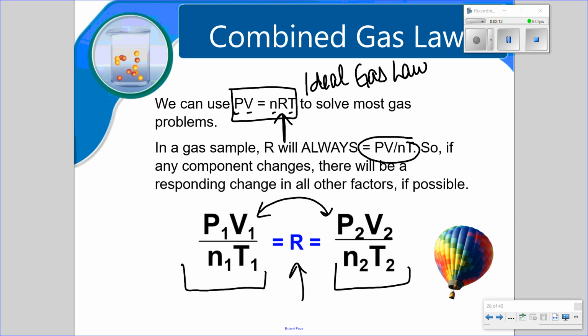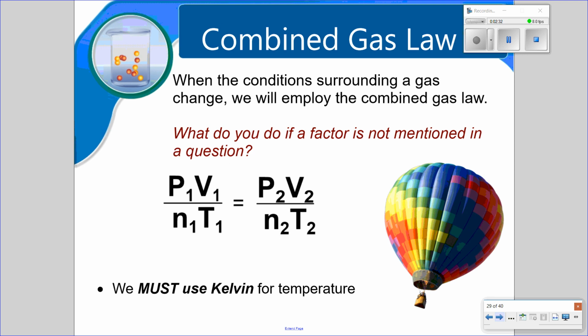It's important to note that typically when we use the combined gas law, we are not going to use n1. Normally that's going to be more or less non-existent because we're using the same amount of gas. We're simply going to be changing the pressure, the volume, and the temperature. So what do you do if a factor is not mentioned in a question?